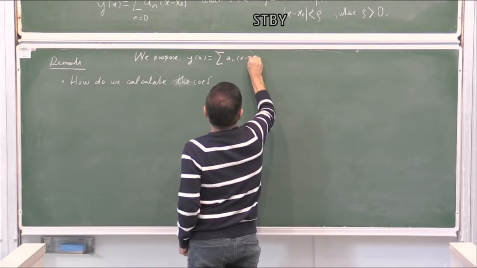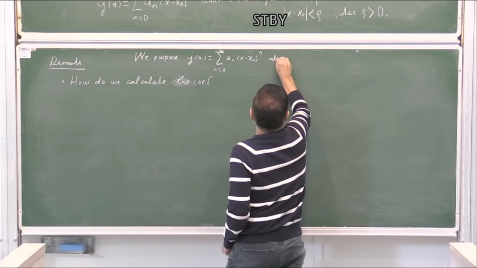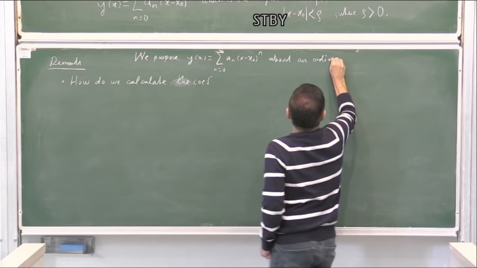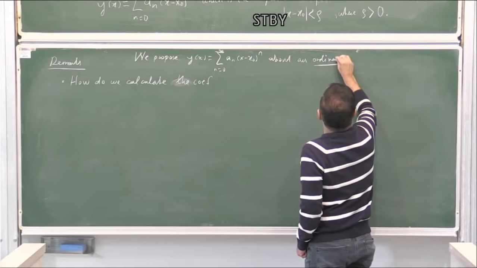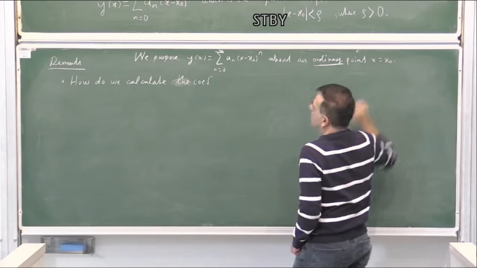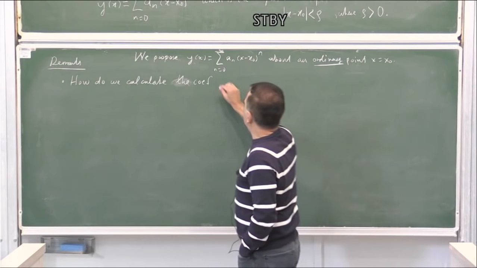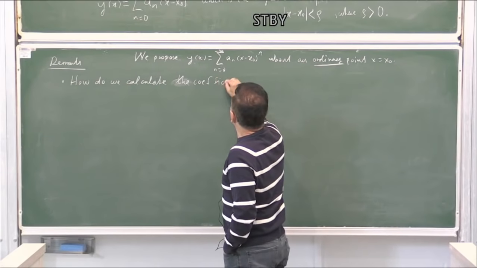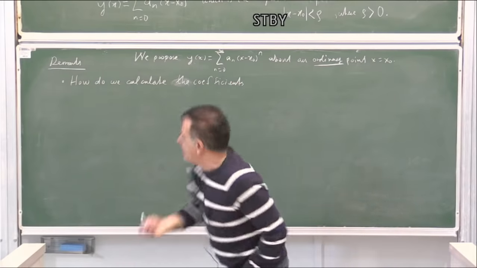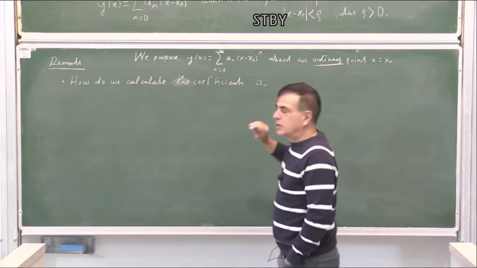Remember, we propose a series solution, the sum of an times (x minus x0)^n, about an ordinary point x equal to x0. Then how do we calculate the coefficients an in this solution?